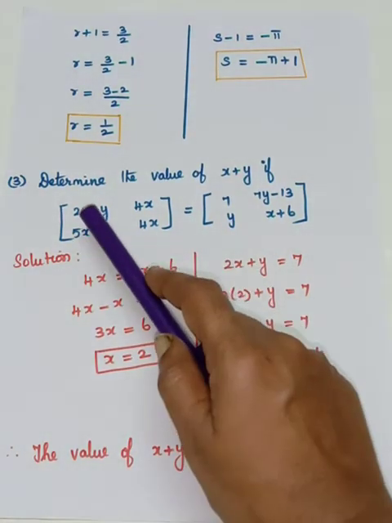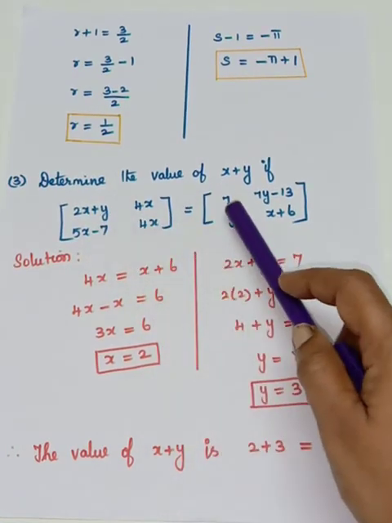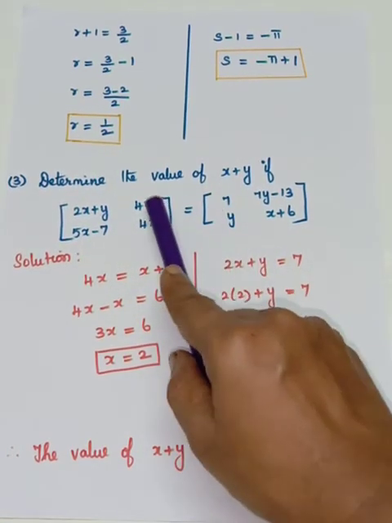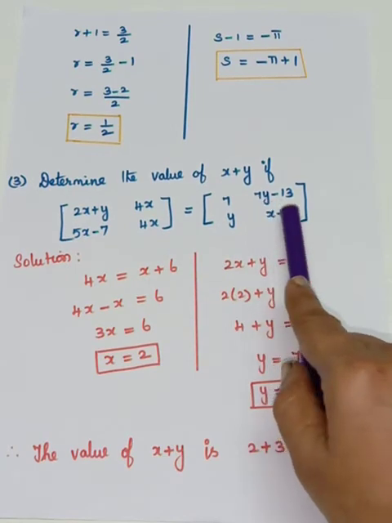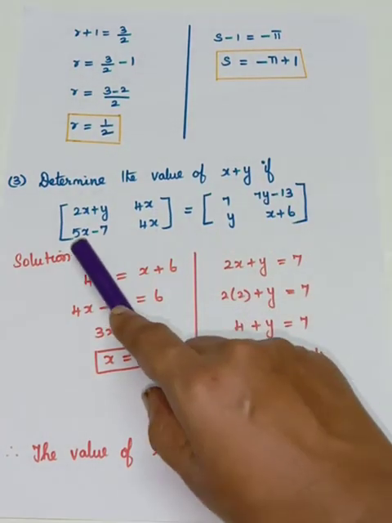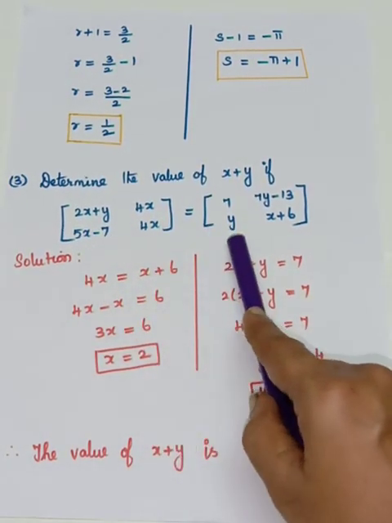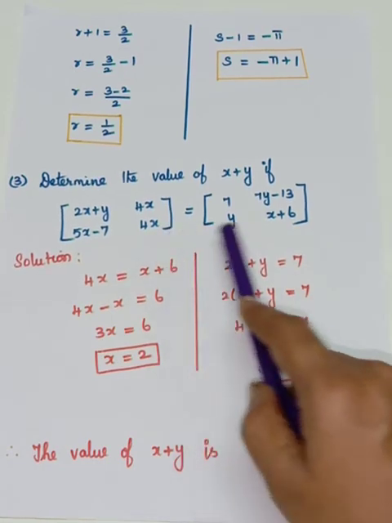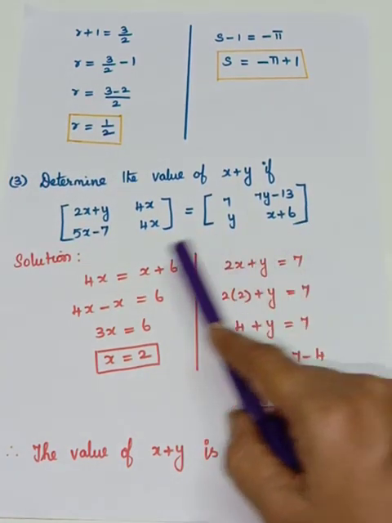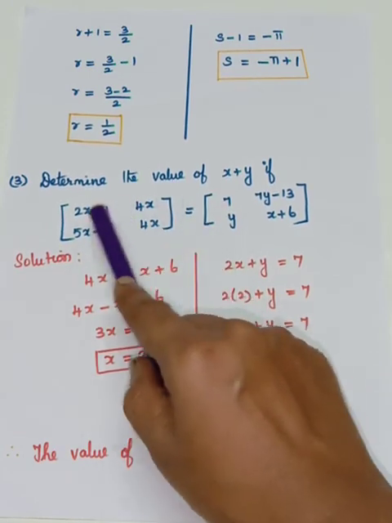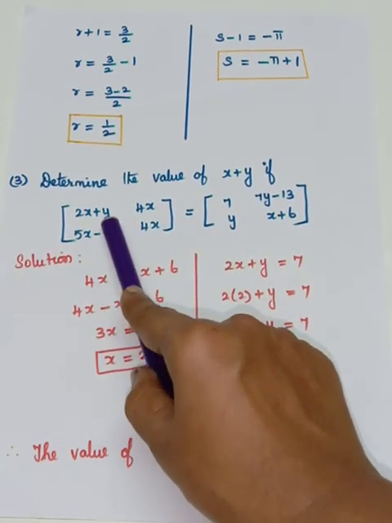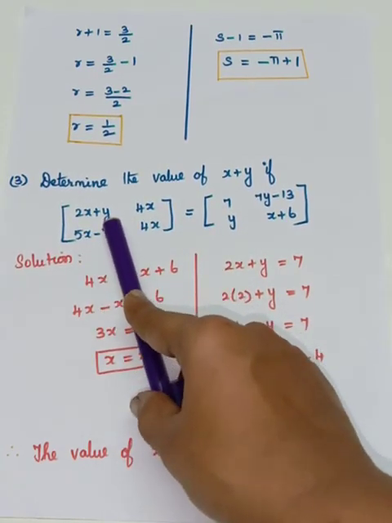That means 2x plus y is equal to 7, and 4x is equal to 7y minus 13. The next one, 5x minus 7 is equal to y, and 4x is equal to x plus 6. If you equate the first one, you will have x and y, so we can't find the value directly.